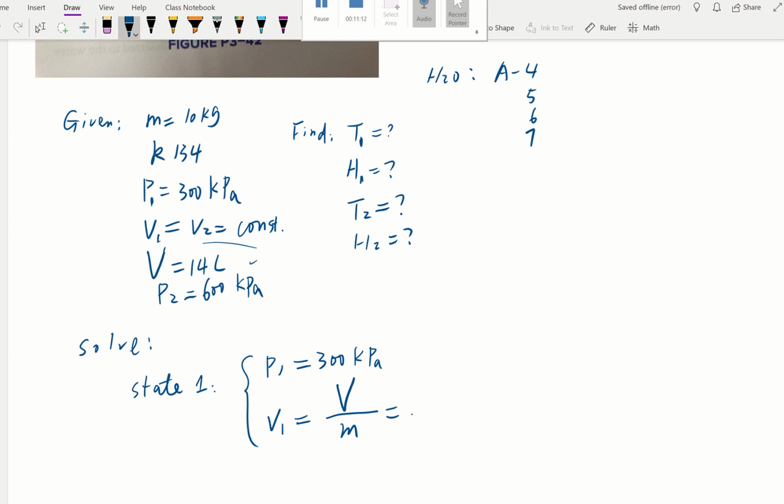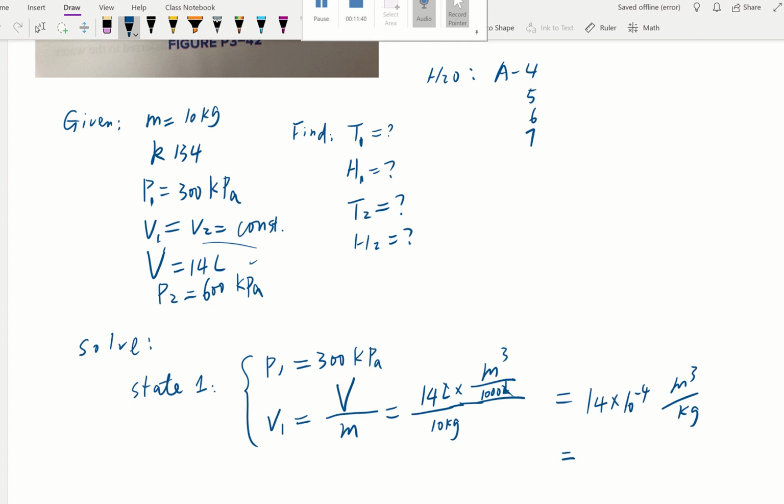Then we know the volume is 14 liters and the mass is 10 kilograms. We're going to change the liters to meter cubed. We know 1 meter cubed is 1,000 liters, right? In that situation, liters cancel out. We will get our unit as meter cubed per kilogram. So it's 14 times 10 to the negative 4.